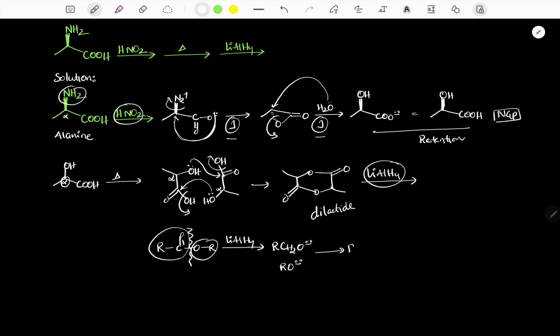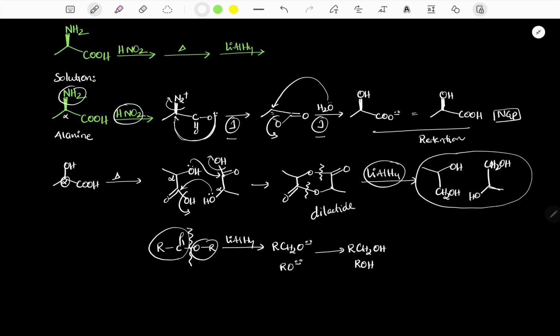After acidification, the corresponding products are RCH2OH and ROH. Similarly here we can break the ester bond. The corresponding product is the acid part CH2OH and the leaving group part OH with methyl. So these are the final compounds.